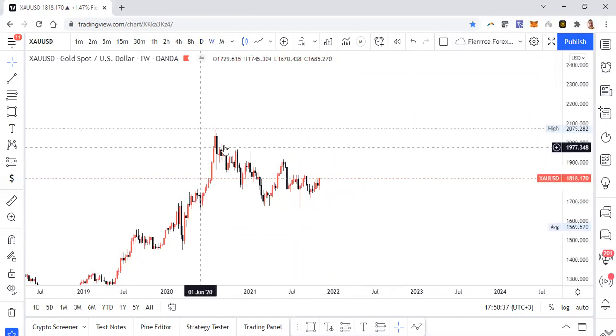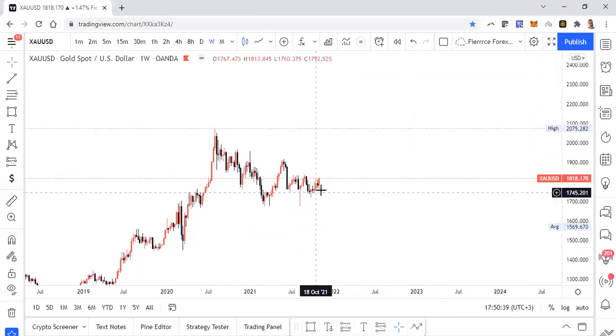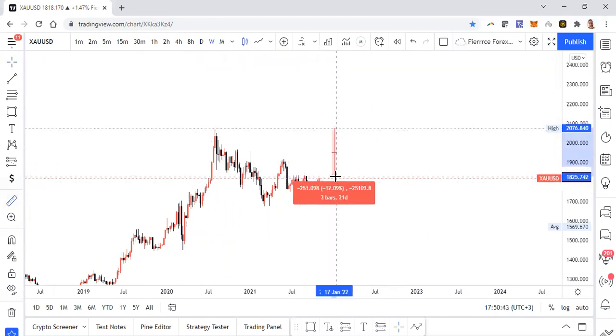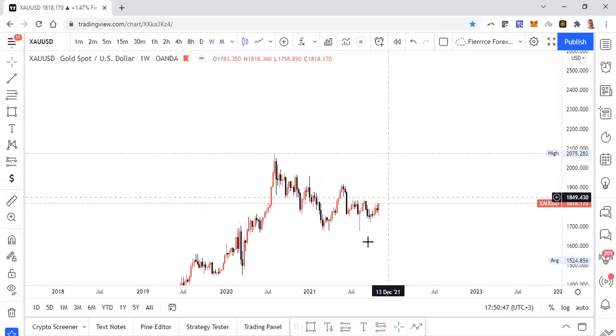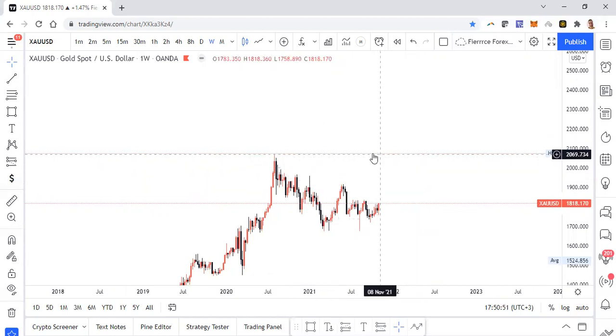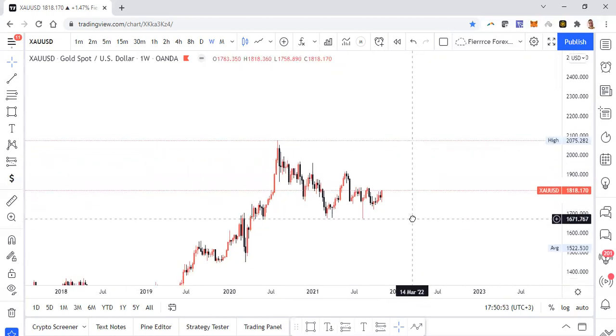We have this previous high here that we may attempt to get to. Whether it happens this week, all I know is that's about 2,500 pips away. I'm just bullish on gold right now.